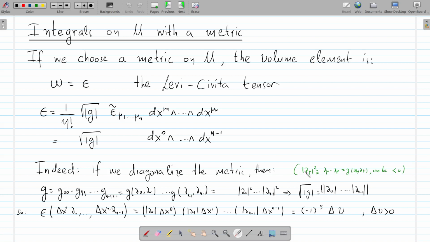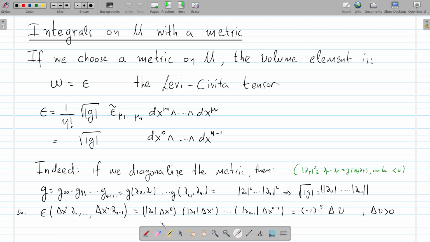So by making this observation, let's now consider the value of the Levi-Civita tensor on a set of vectors which is defined by the coordinate basis d0 through d n minus 1, but now multiplied by scalars, real numbers, delta x0 through delta x n minus 1.